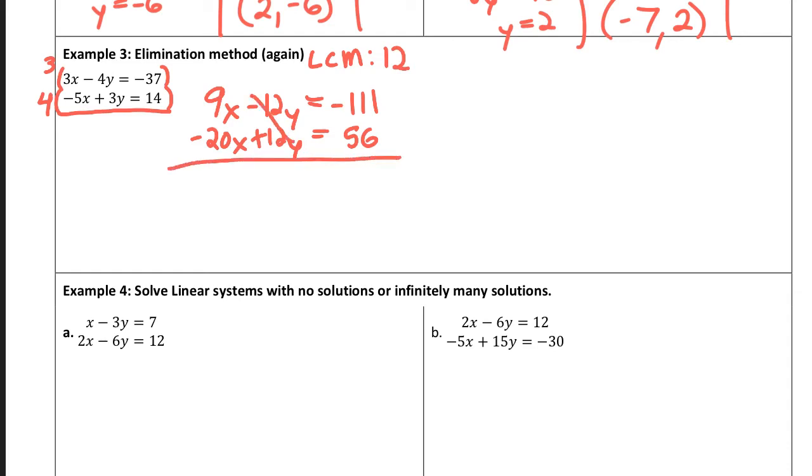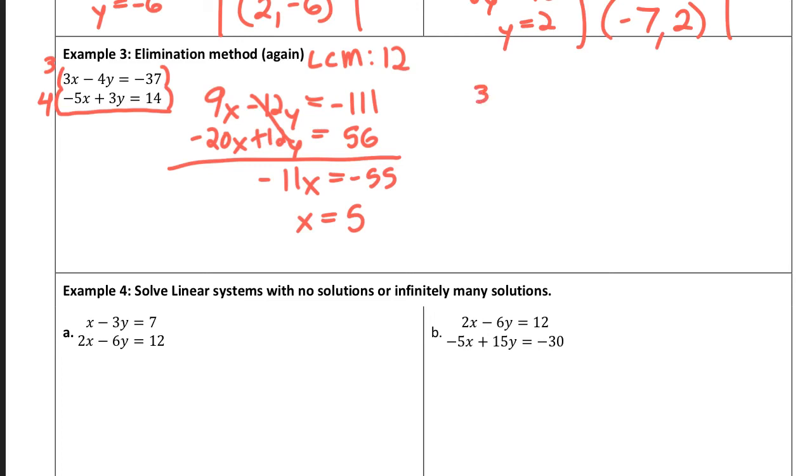So those cancel. This becomes negative 11x equals negative 111 plus 56 is negative 55. Divide both sides by negative 11. X is 5. Okay? And then I'm just going to take that 5 and substitute it into one of my original equations. I usually just substitute it into the top one.